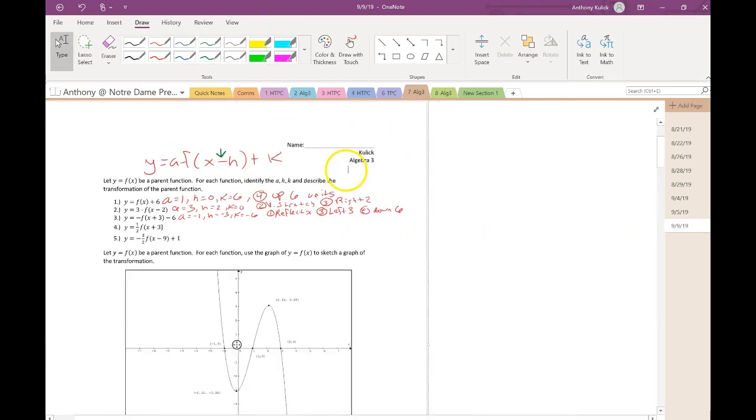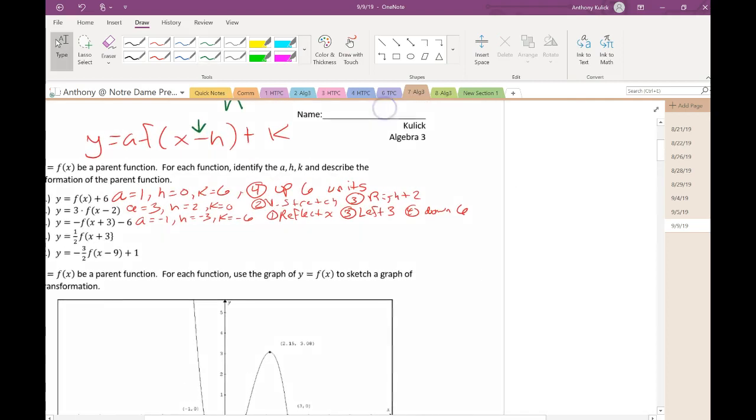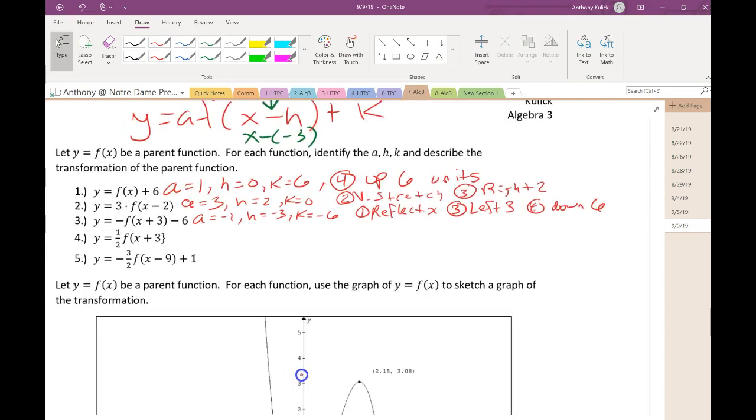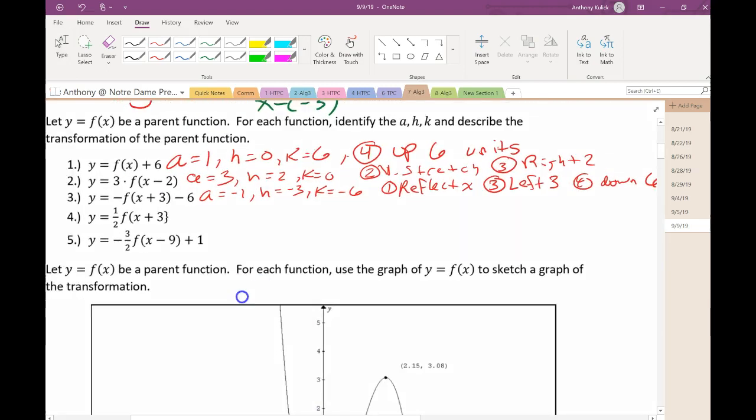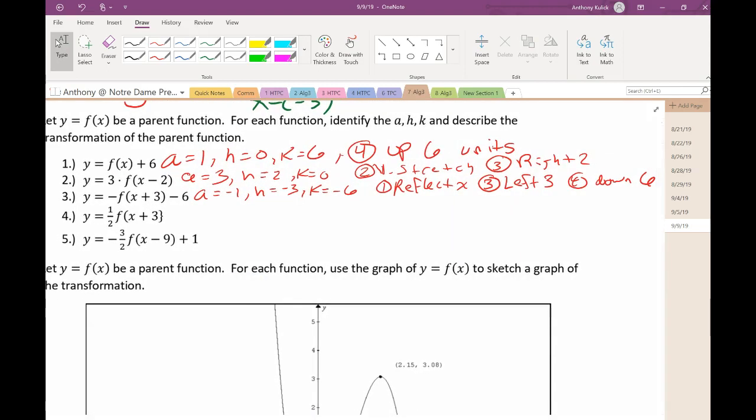So if I plug -3 in for H, I'd have x minus -3 or x plus 3. So the H's are always going to be the opposite sign of what they appear in the equation. So notice on number 2, the H is +2 even though it's x minus 2. Okay with that?